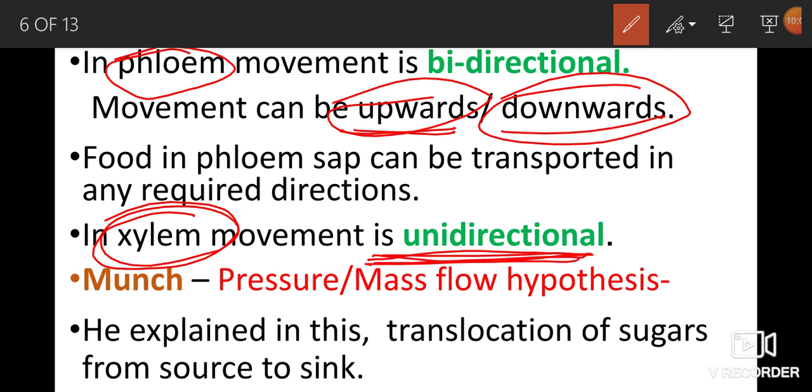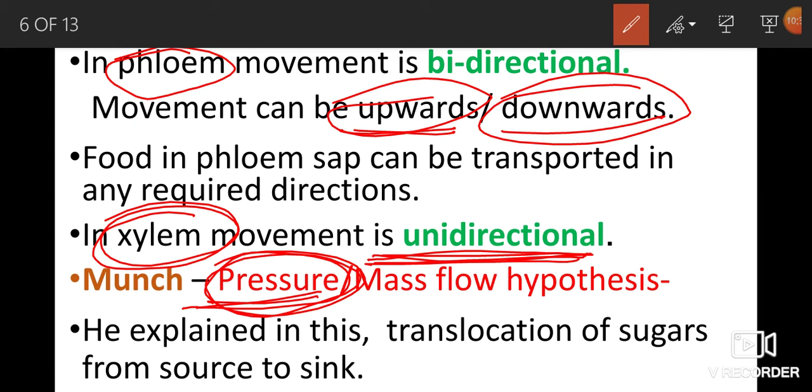So using phloem and xylem, food materials, minerals and water molecules can move. This movement occurs based on the pressure gradient. The pressure flow hypothesis was explained by Munch, a scientist.